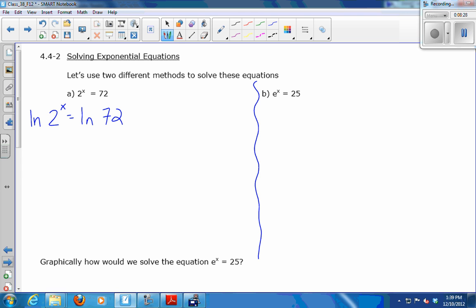But the whole purpose of taking the log of both sides is that it's going to let me use that awesome property of logs that will take exponents down from the exponent. I can get the variable now down out of that exponent. Just apply that property of logs, and now I have x times the ln of 2 equals the ln of 72. And then what should I do if I want to know what x is?